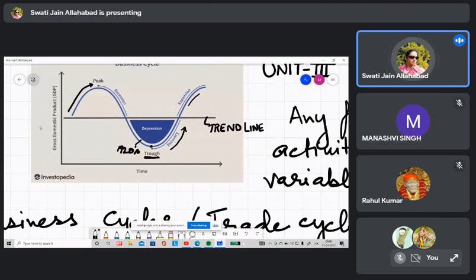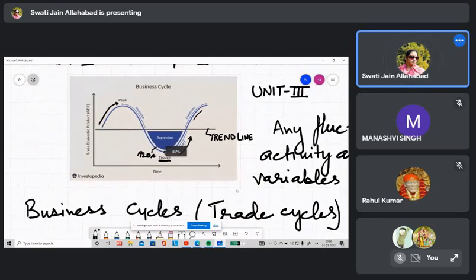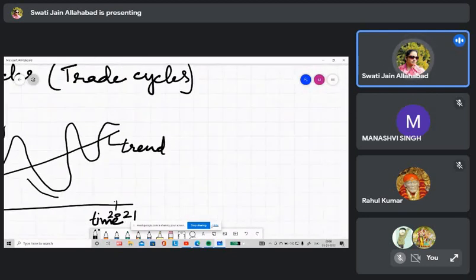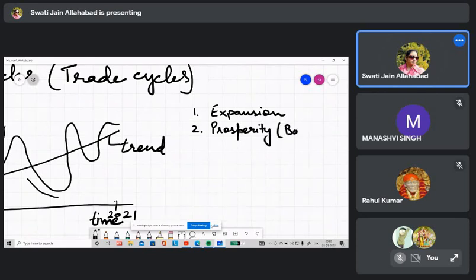So that will be expansion. So you can identify that there can be certain phases which we can talk about in the business cycle. First, expansion, second, prosperity, boom.